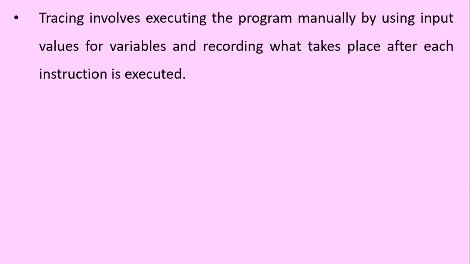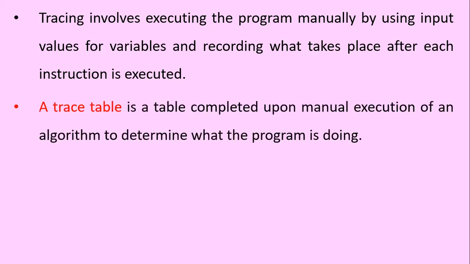Tracing involves executing the program manually by using input values for variables and recording what takes place after each instruction is executed. A trace table is a table which is completed upon manual execution of an algorithm in order to determine what the program is doing.